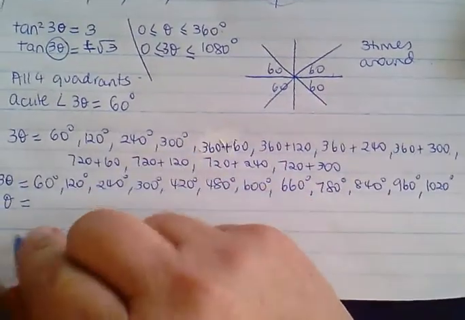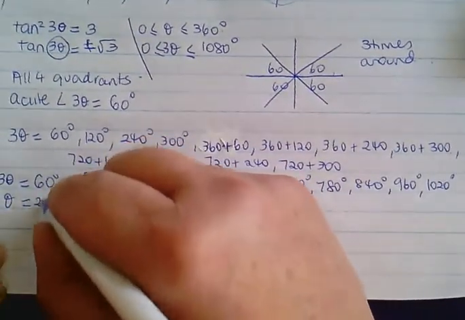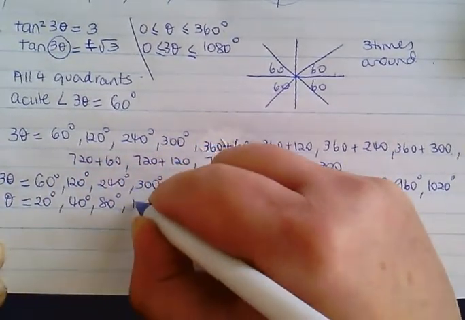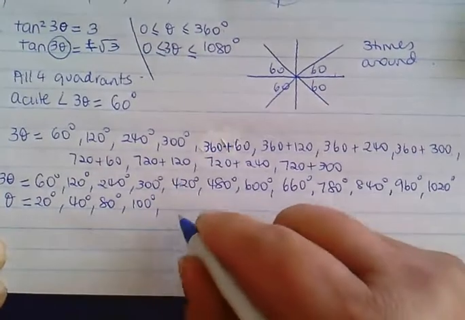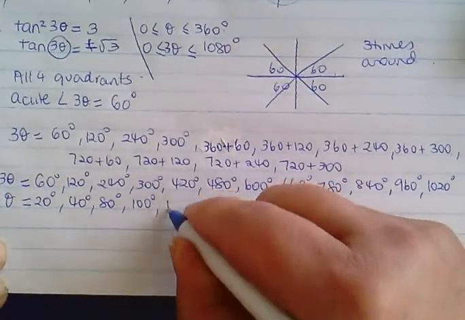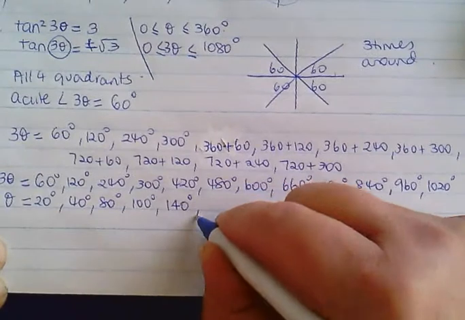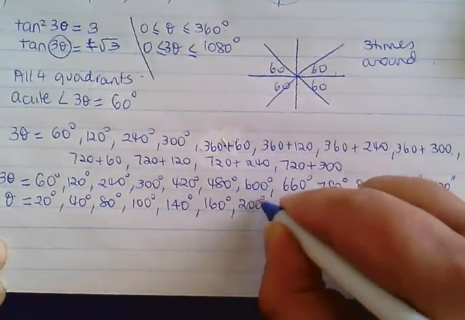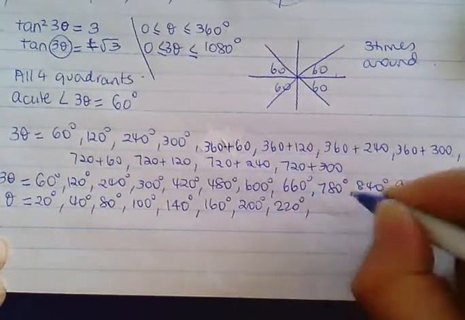So now, divide them all by 3, and we get 20, 40, 80, 100, 140, 160, 200, 220, 260, 280, 320, and 340, I hope I'm right.